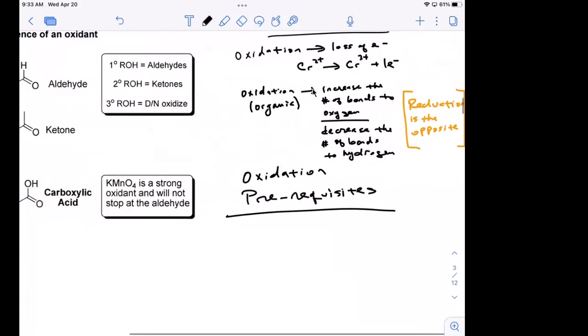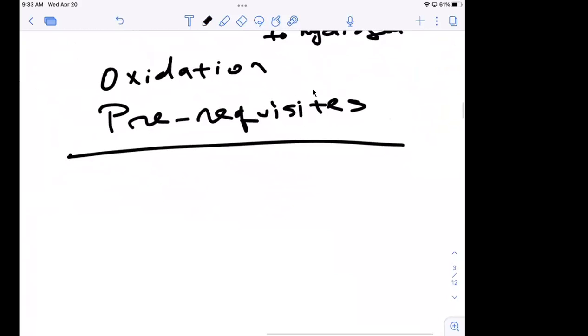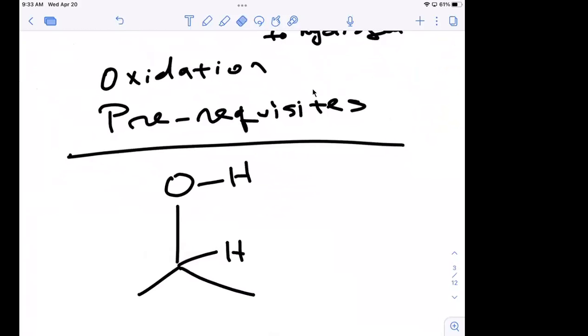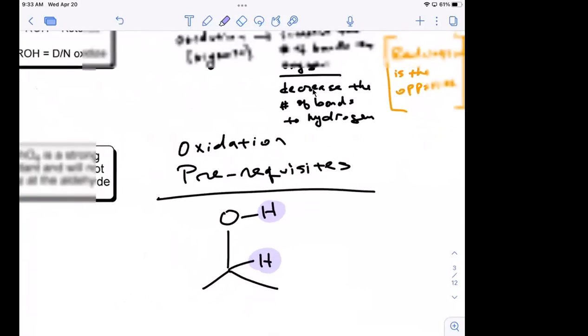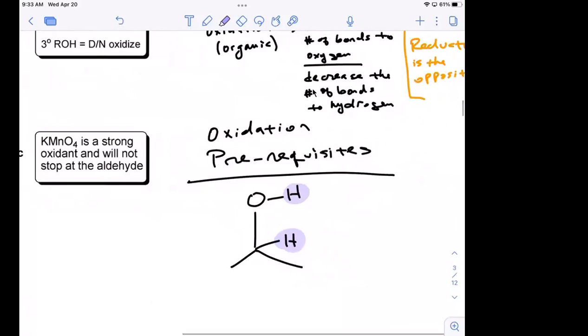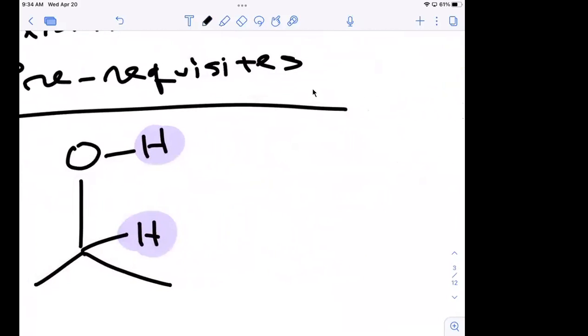So one of the things that's a prerequisite for oxidation is obviously you need an alcohol. And it can be primary or secondary. We'll make this one secondary. The prerequisite is that you need these two protons right here. You need the carbonyl proton, which is here, and you need the hydroxyl proton.